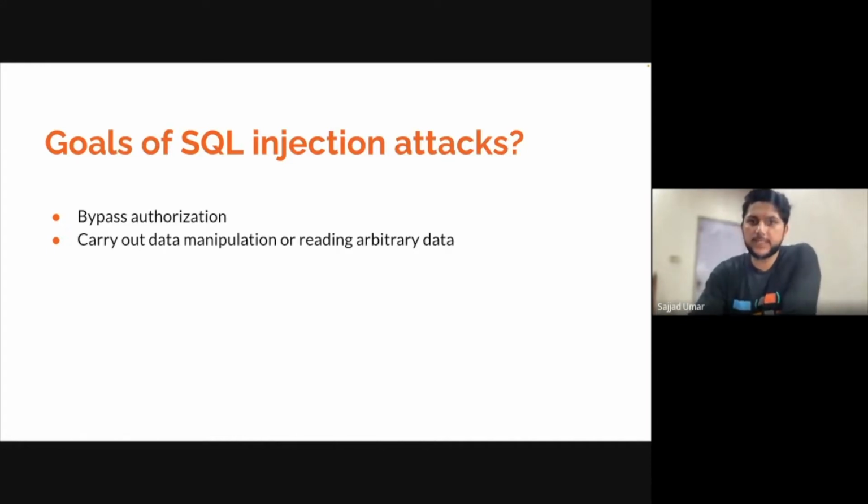If everything matches, application basically allows that user to access the web page. So bypassing that process is one common goal of SQL injections. So we will see how an attacker might bypass the authorization.